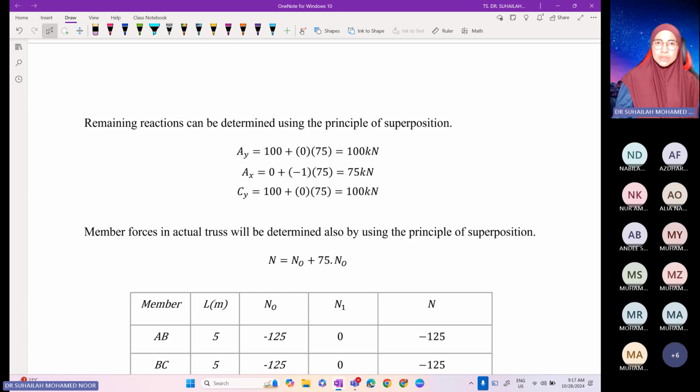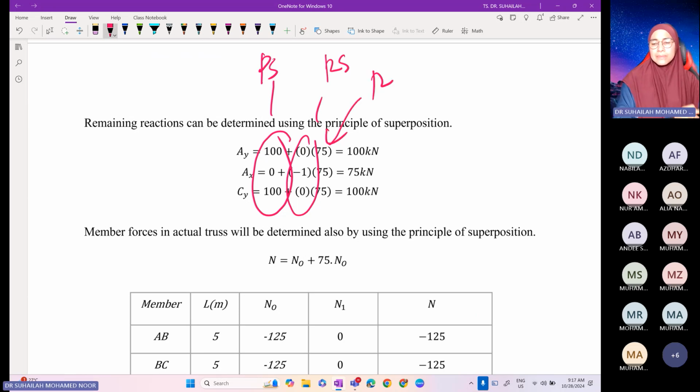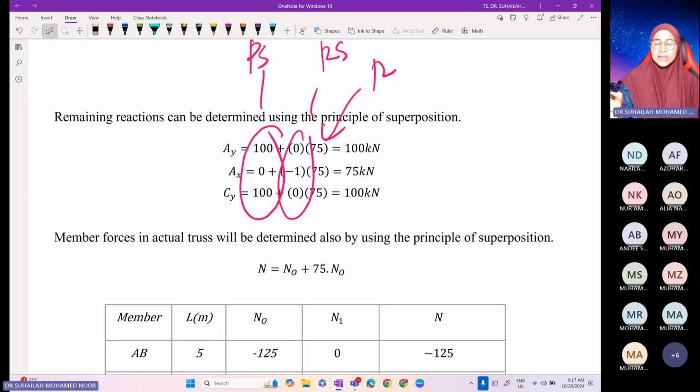So semua ni primary, this is from primary structure, dan yang ni adalah nilai dalam redundant structure, dan yang ni adalah nilai redundant. So kita akan tengok reaction dekat A tadi 100. Lepas tu reaction AY dekat redundant system 0 kali redundant. So selalunya dia tak ubah nilai ni.